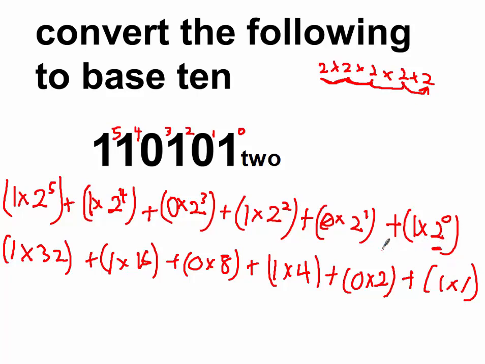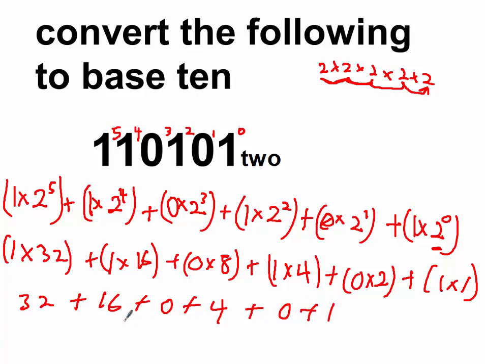Remember, 2 to the power 0 is 1. So let's remove the bracket. This is giving me 32 plus 16 plus 0 plus 4 plus 0 plus 1.